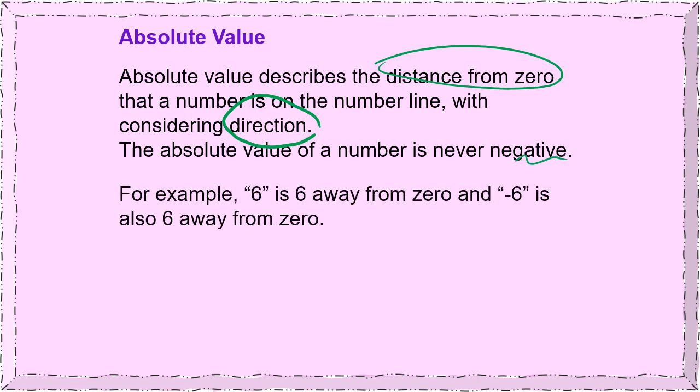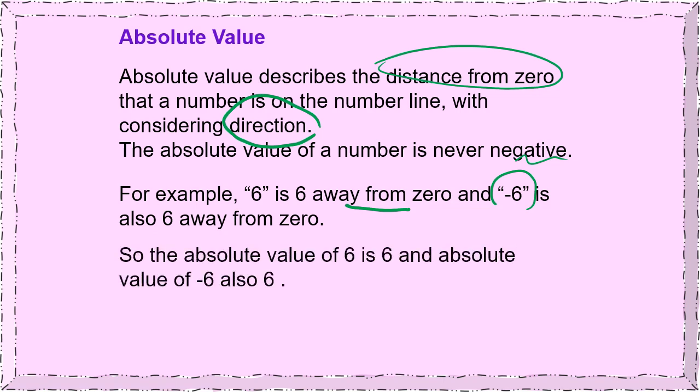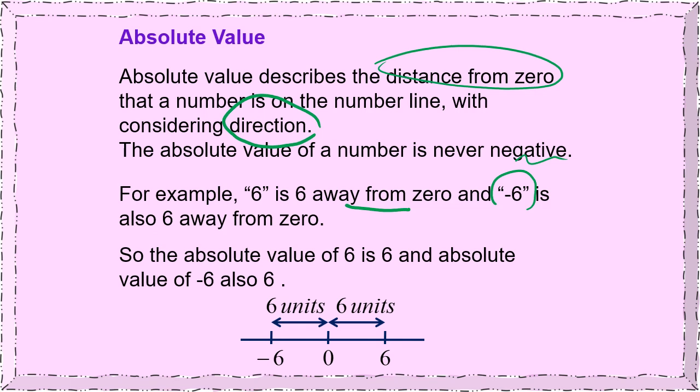For example, 6 is 6 away from 0 and negative 6 also is 6 away from 0. So the absolute value of 6 is 6 and the absolute value of negative 6 is also 6. Both have the same distance, which is 6 units.